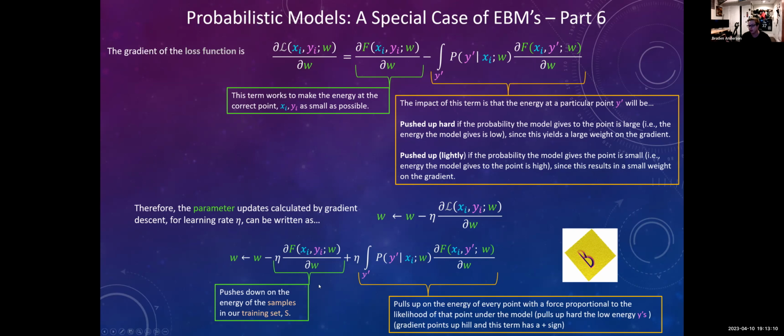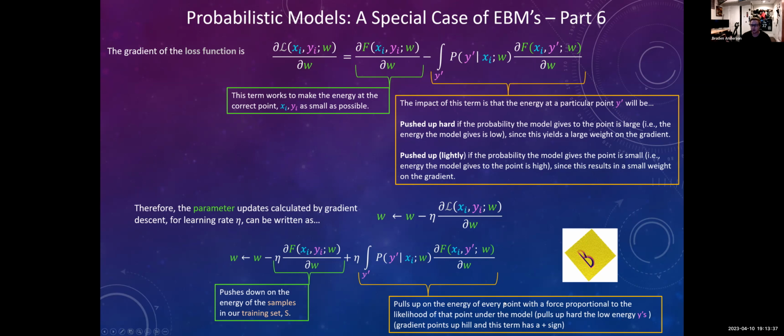So the only thing that's going to get pulled down harder than it gets pushed up is the points that are on the manifold of data. Everything else is going to get shoved up. And, you know, in the limit of training that way, you're going to end up with this overfit looking surface where anything just outside of the manifold of data is going to have its energy pushed up, which is not going to be very conducive to our learning procedures.